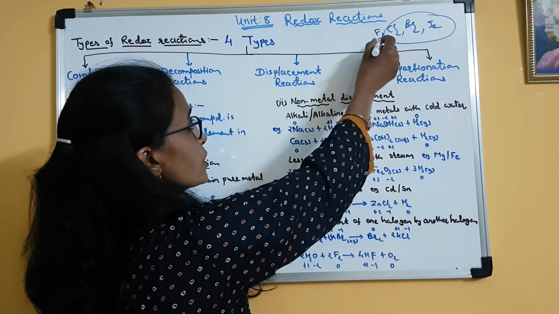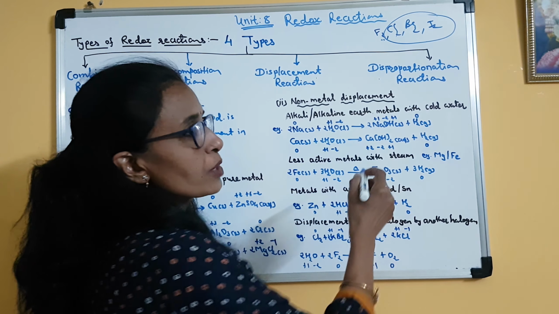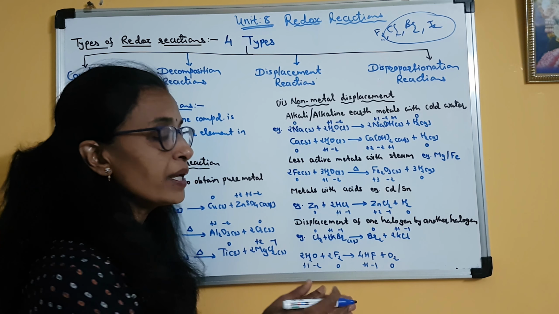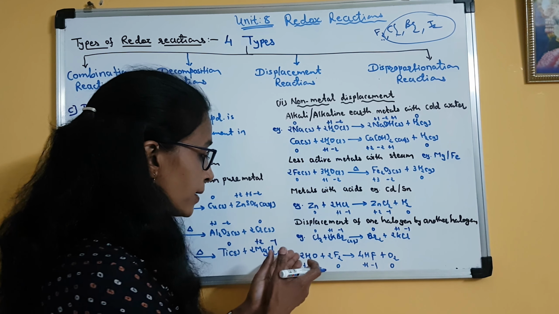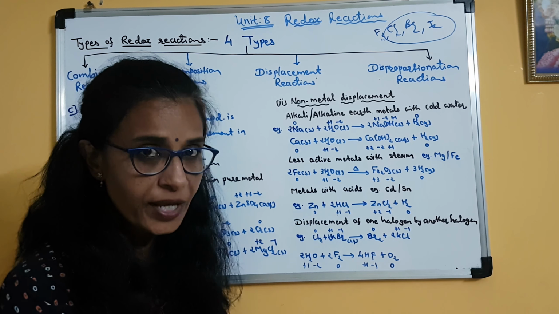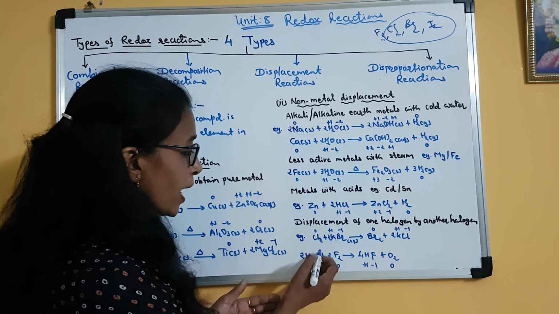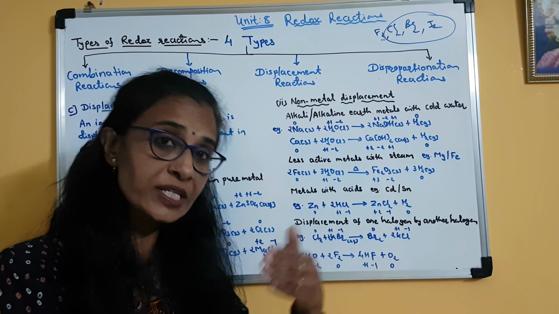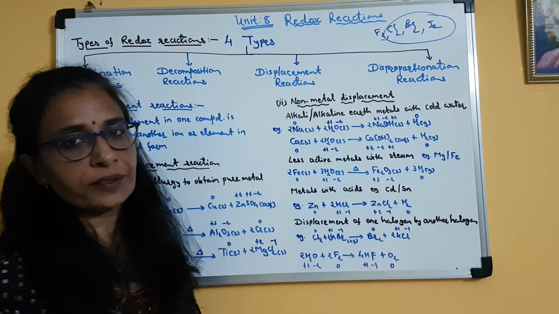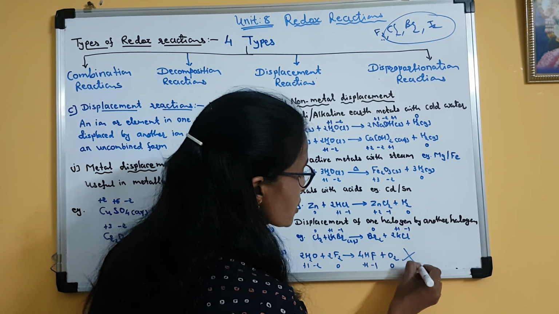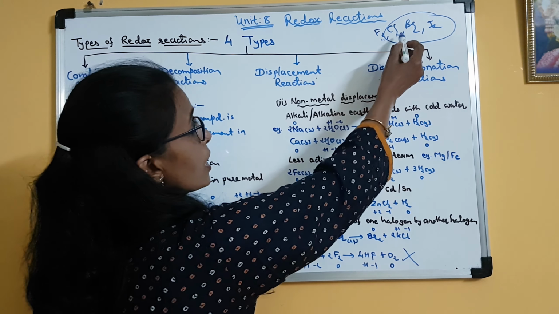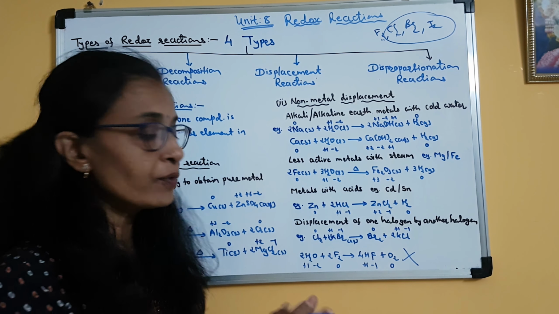So if fluorine is used to displace any of these halogens from their compounds in aqueous solution, then fluorine, being highly reactive, will directly attack water. We are taking an aqueous solution, so in that solution water is present. So fluorine, instead of displacing another halogen, will attack water and displace oxygen from water. So this reaction is not useful if we want to displace chlorine, bromine or iodine from their compounds with the help of fluorine.